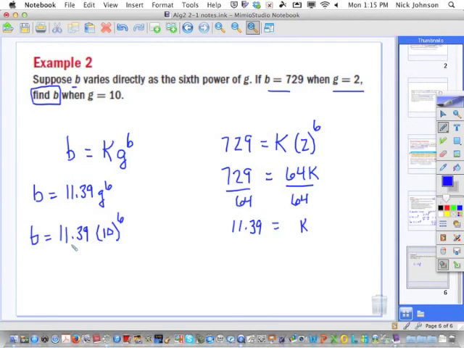So all you're doing is taking a million times 11.39, and all that is moving the decimal point 6 units to your right. So it's going to be 1139, and then I need 4 more zeros: 1, 2, 3, 4. And that is your answer. B equals 11,390,000 when G equals 10.